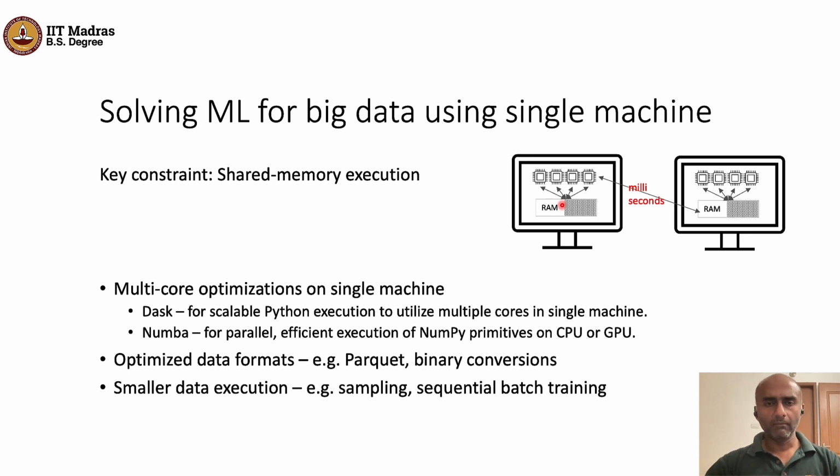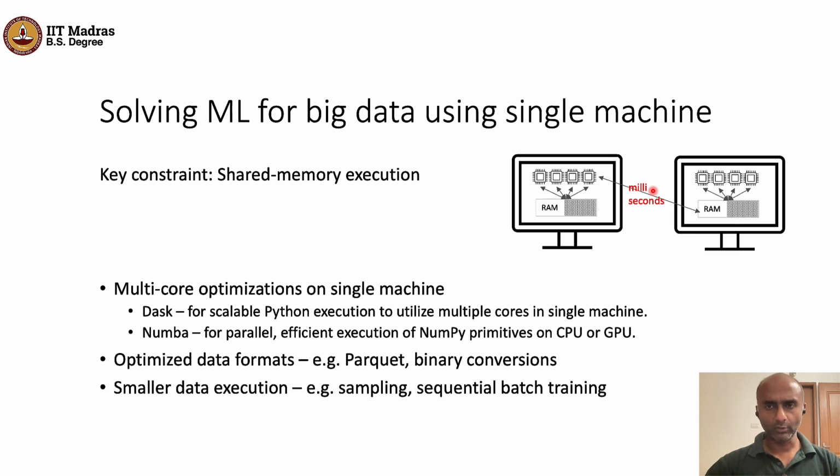Now, what this shared memory execution model also means is you really cannot think about sharing memory which belongs to a different machine. That comes back to the fact that latencies, the moment you go across machines over the network, are in the order of milliseconds, at least for typical network connections.